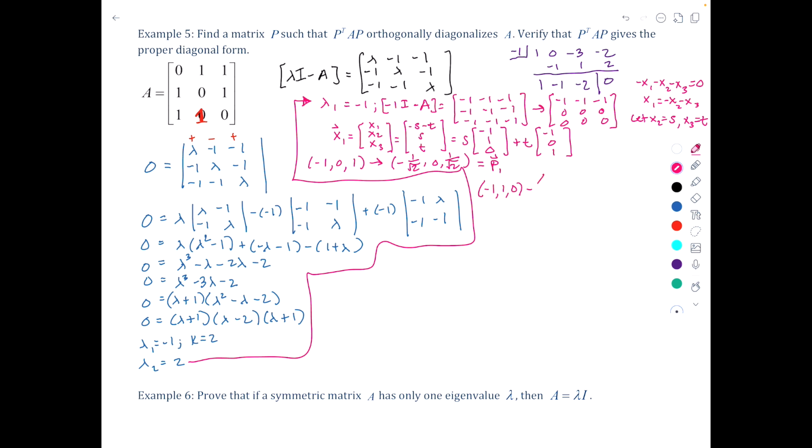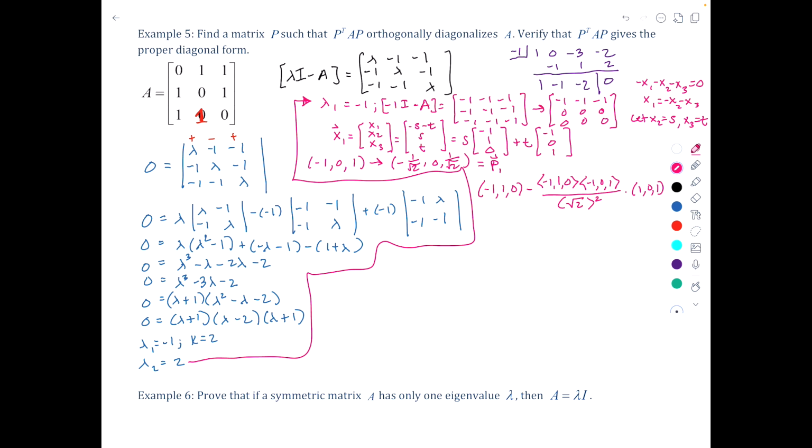So the dot product of negative 1, 1, 0 with negative 1, 0, 1. We're going to divide that by the inner product of the first vector with itself, which will just be the square root of 2 squared. And then you multiply it by that first vector before getting the normal vector.